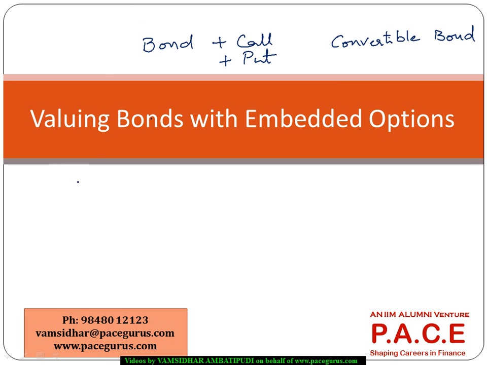What is understood is that for valuing these kinds of bonds with embedded options, the most common mechanism being used is a binomial tree approach. Either for valuing these bonds or for finding the option adjusted spread, we can use the binomial tree model.